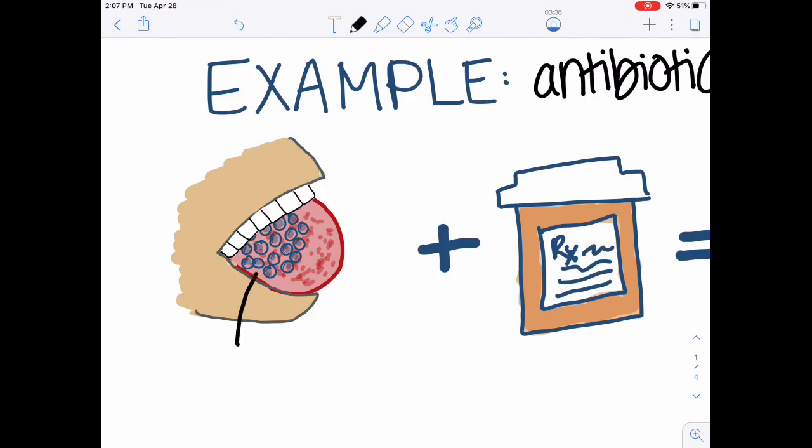A person, and on their tongue are very tiny microscopic bacteria in the form of some sort of staph infection. So I don't know, maybe it is a sore throat caused by a staph infection, maybe it is a sinus infection, some sort of bacteria.